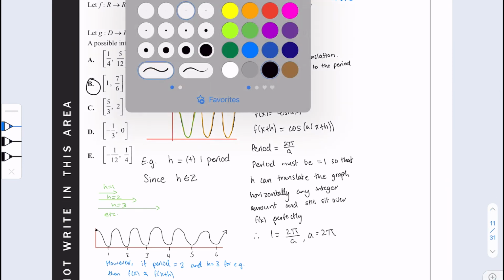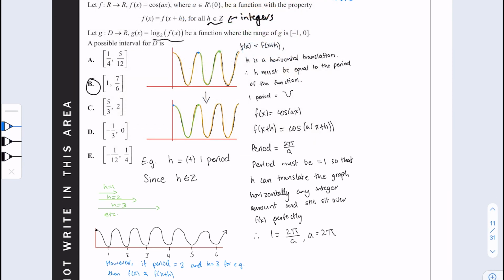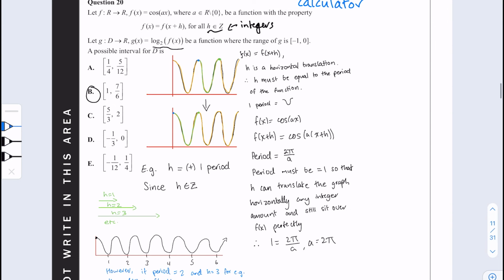All right, so for question 20, what we need to realize straight away is that the function is cos AX. And now it's saying that f of x, so cos AX, is equal to cos AX where there's a translation left or right. And it's being translated by h, and h is an integer.